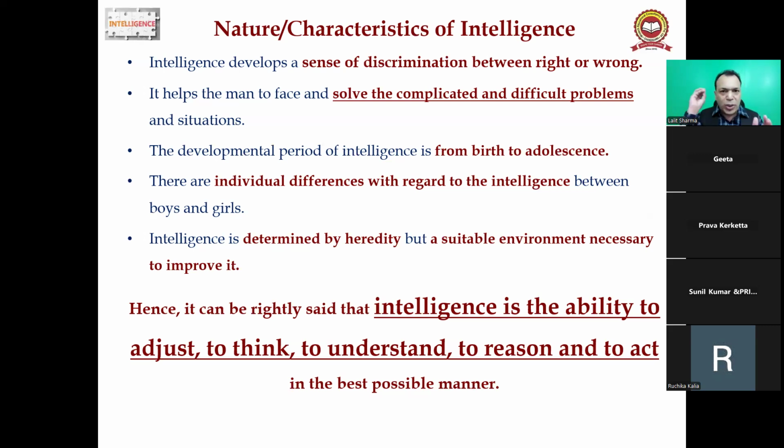Whatever knowledge you give up to the adolescent child, he can grasp it very rapidly, very swiftly. But after the adolescent age, when adult age starts, intelligence goes on decreasing. With the help of the environment, you can get it, but many educationists have said that the fast development period of intelligence is from birth to adolescence.